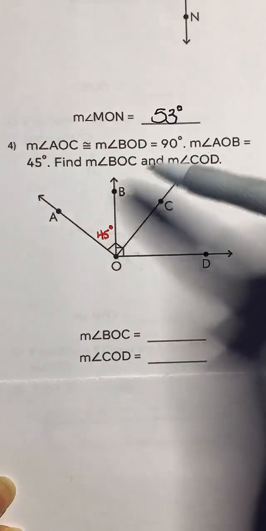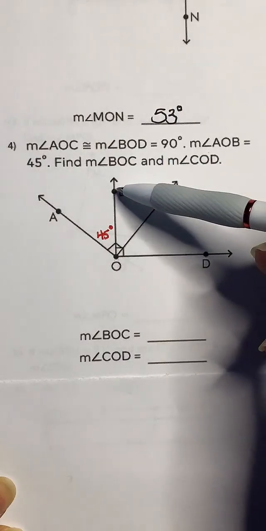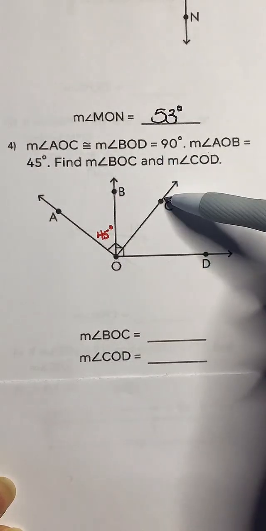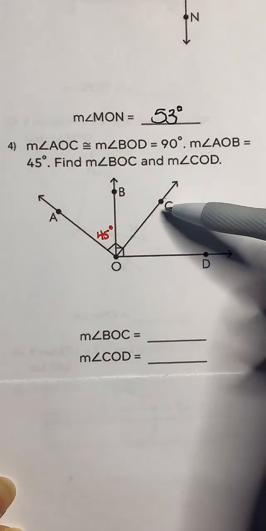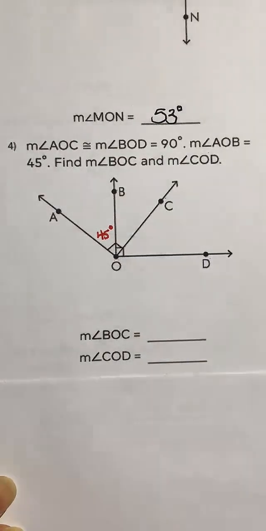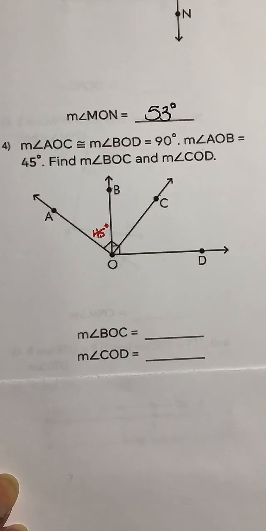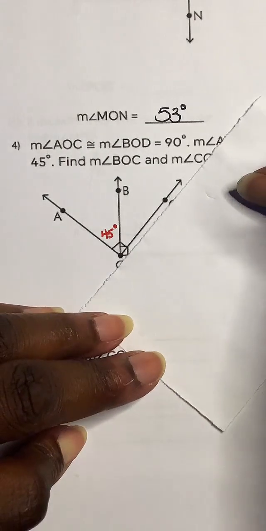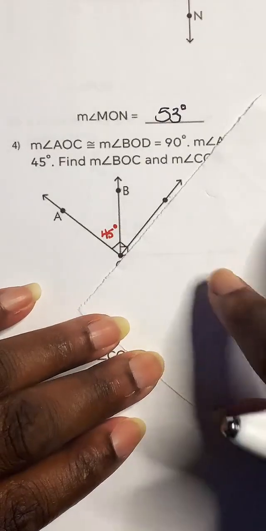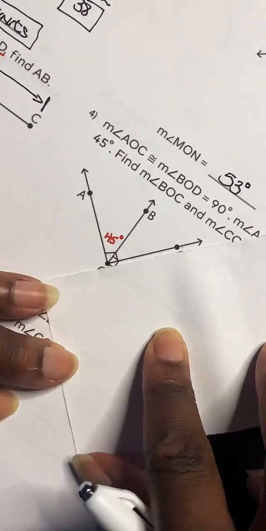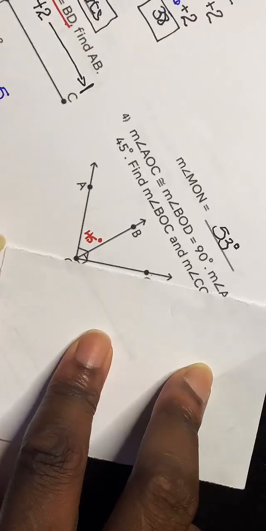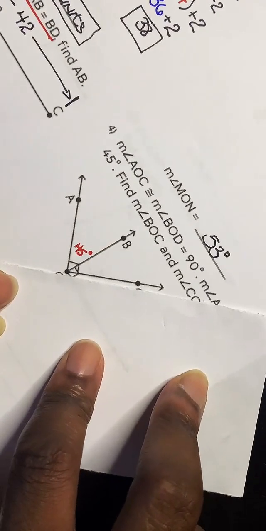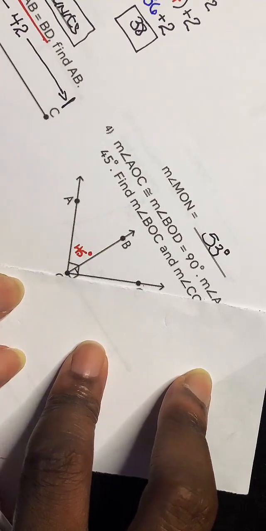And what they want us to do is find the measure of BOC and the measure of COD. Well, let's break it down step by step. I'm going to cover this part up and turn it to the point where it's going to look like a right angle.